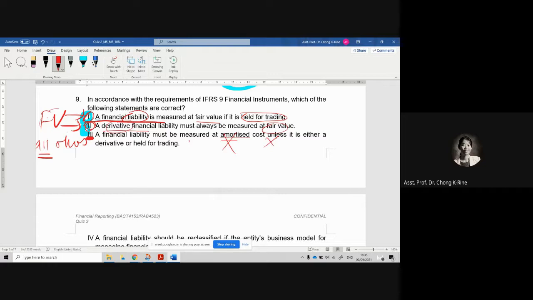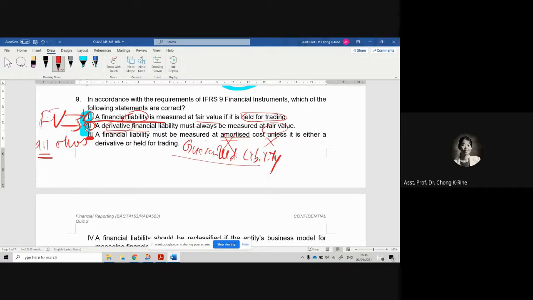Why is it not 100% correct? If you remember the standard section, remembering one thing is enough already. We studied guarantee liability before, right? If you look at the table, but I don't want to go back to the study guide and so on, one of the examples, guarantee liability, we don't use amortized cost.